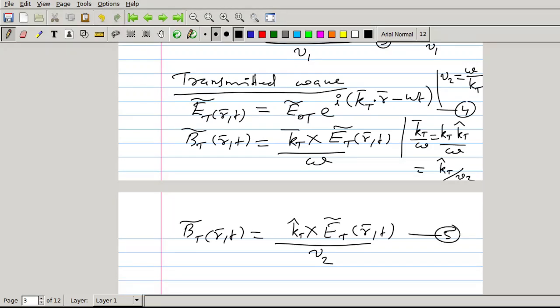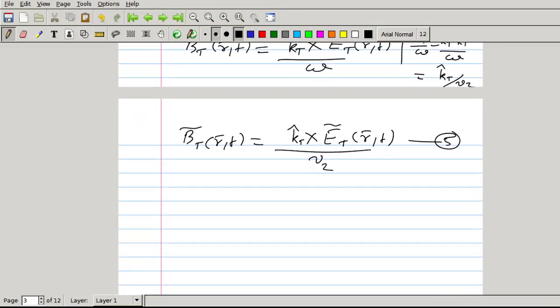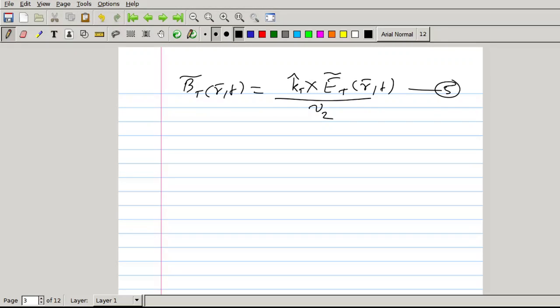So these are the electric and magnetic field vectors in the transmitted wave. Now we will consider that the frequency is the same in all the media.